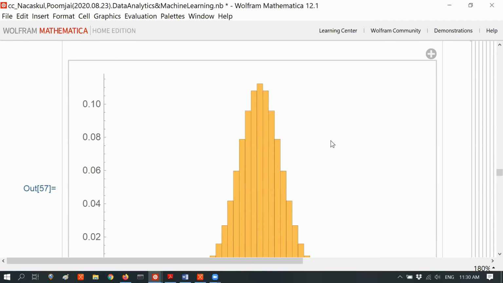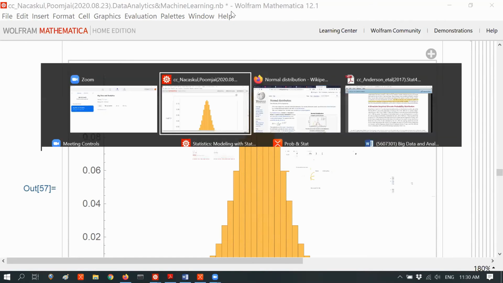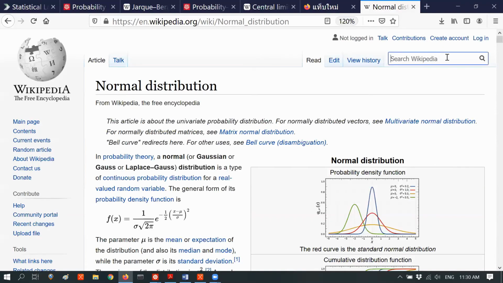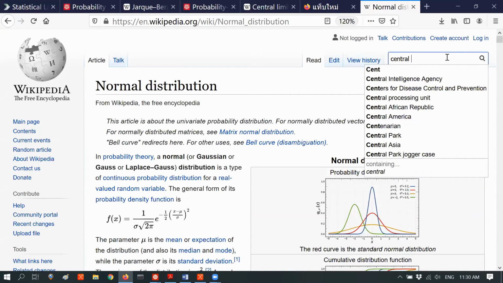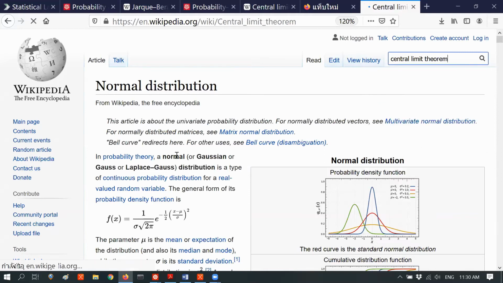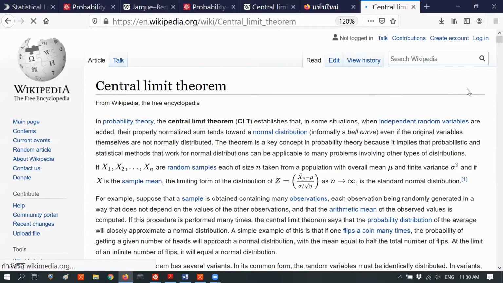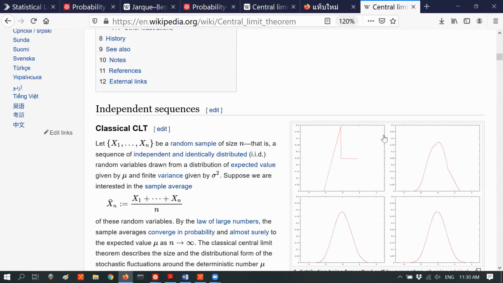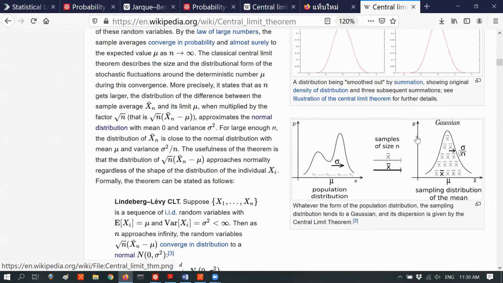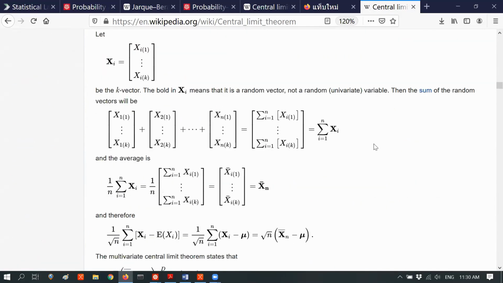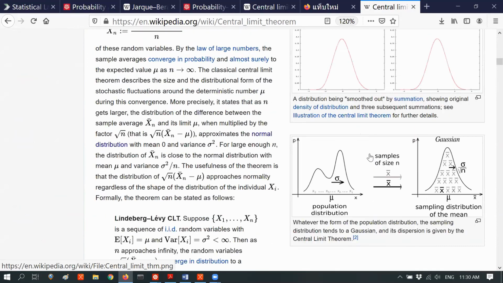The point is you can start with some really weird distribution. And let me go to the wiki page. You should have that. Central limit theorem. Yeah. Let's say you start with something really weird like this.